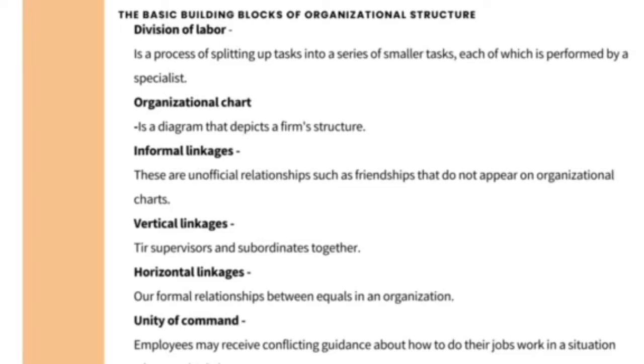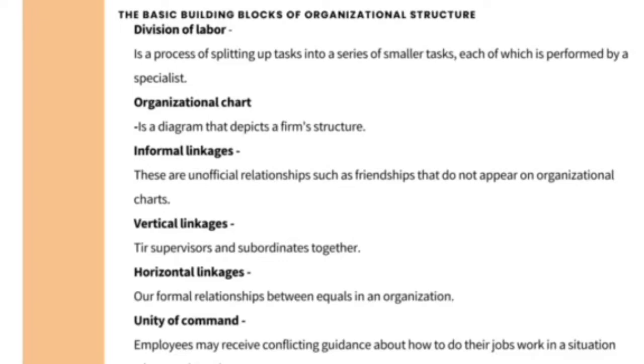Organizational charts show how firm structures are built using two basic building blocks, which are vertical linkages and horizontal linkages. These linkages show the lines of responsibility through which a supervisor delegates authority to subordinates, oversees their activities, evaluates their performance, and guides them towards improvement.